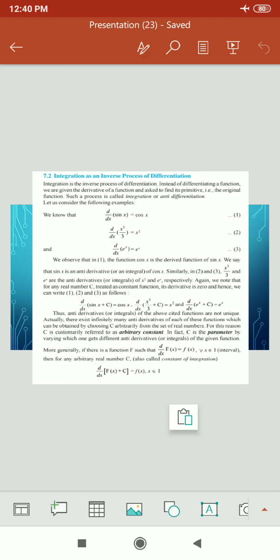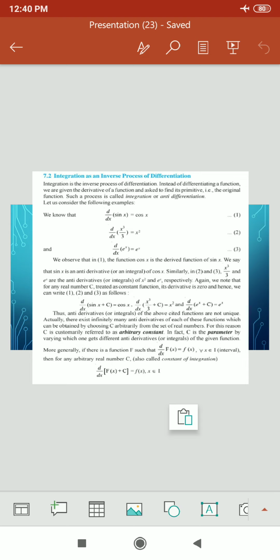Actually, there exist infinitely many antiderivatives of each of these functions, which can be obtained by choosing c arbitrarily from the set of real numbers. For this reason, c is customarily referred to as an arbitrary constant. In fact, c is the parameter by varying which one gets different antiderivatives or integrals of the given function.